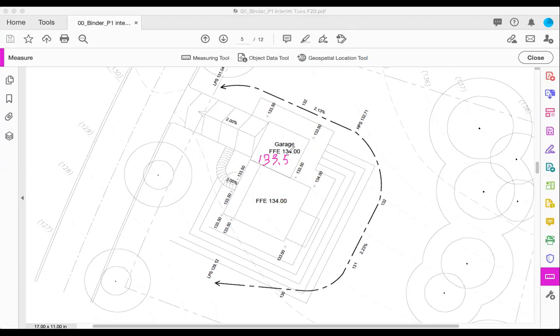Okay. So that looks good. This is good. That's good. Yeah, you don't know where I'm pointing at, but that's fine. This needs to be below the FFE. Yes. That's okay. This is okay.